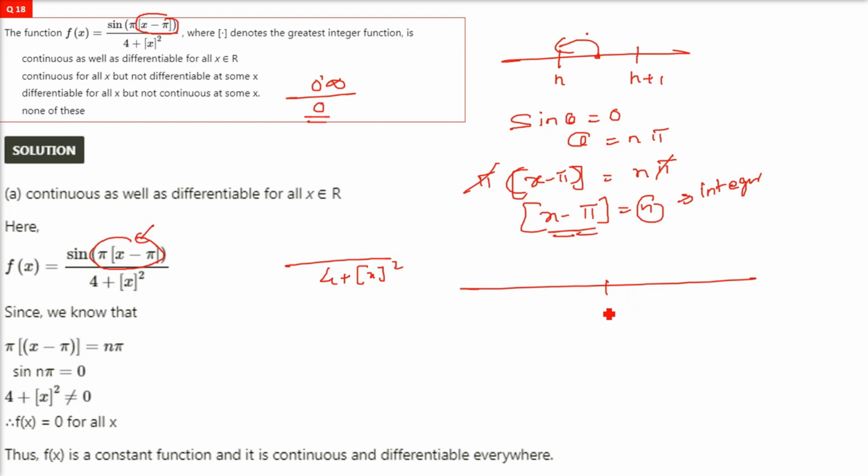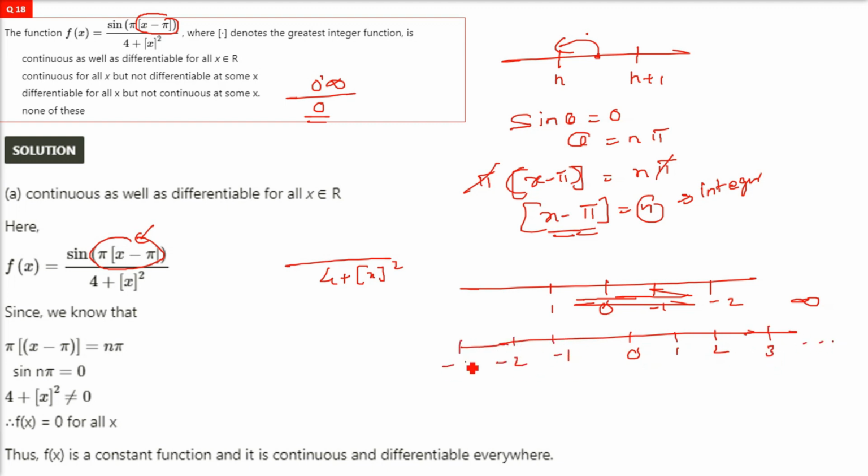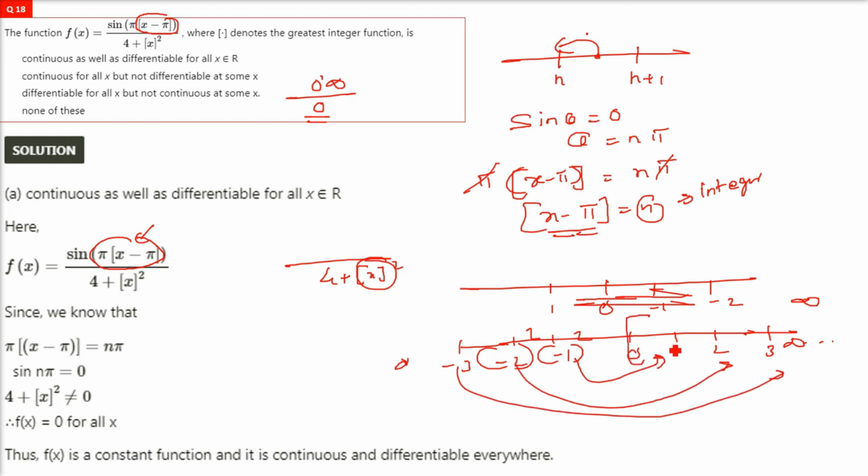So the greatest integer function will always give you a value which is an integer, because this graph, let me make it a correct graph, 0, 1, 2 like this. This is a number line. Always the greatest integer function will give you an integer value, 1, 2, 3, minus 1, minus 2, minus 3. But this is squared, in the question it is squared. So when you square negative 1 you will get 1, negative 2 squared gives 4, right?